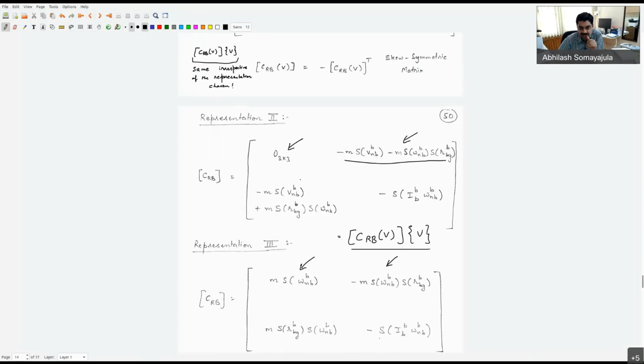So between representation number 2 and representation number 3, can you see what is the major difference? The first term is 0. Yes, first term is 0, that is definitely there. Anything else can you see?